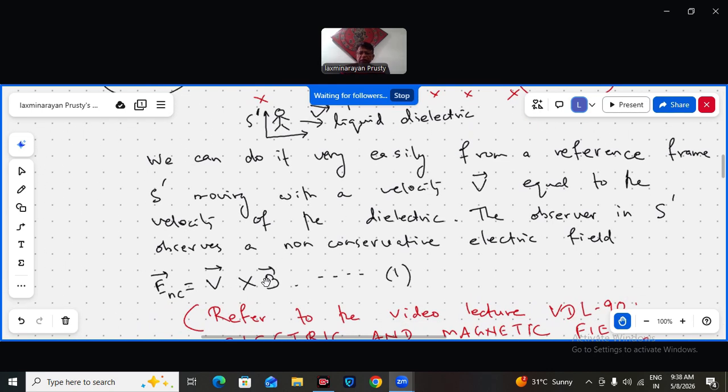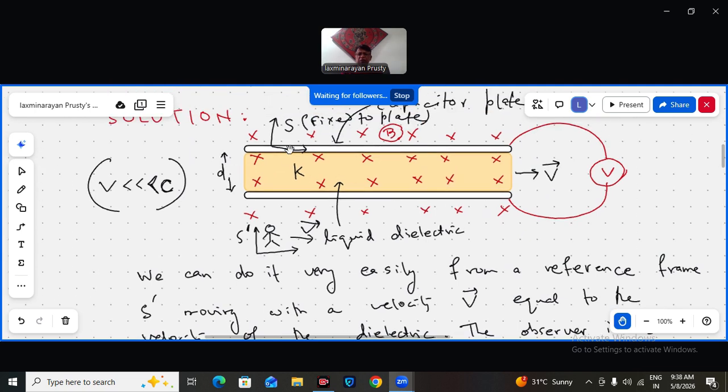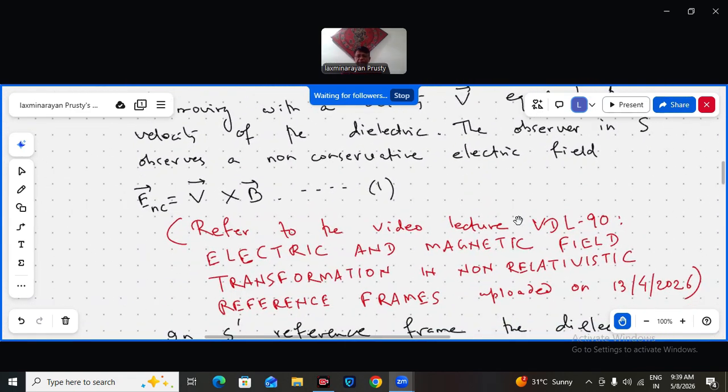So he will see v cross B. B is the magnetic field as observed by the capacitor reference frame, or even the same B by the S dash if it is moving with a very small speed compared to c. Otherwise, change has to take place.